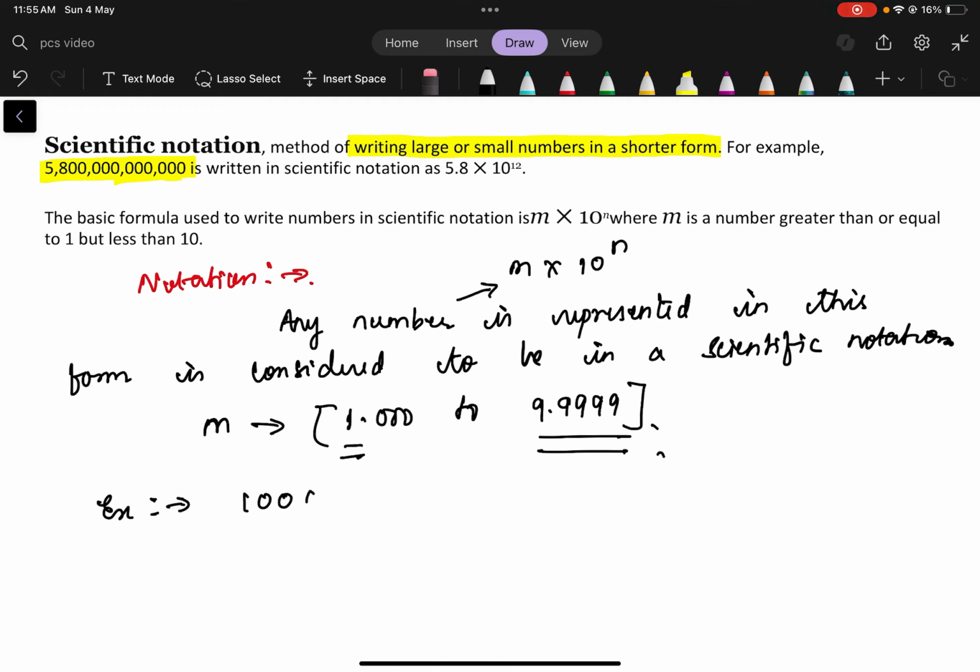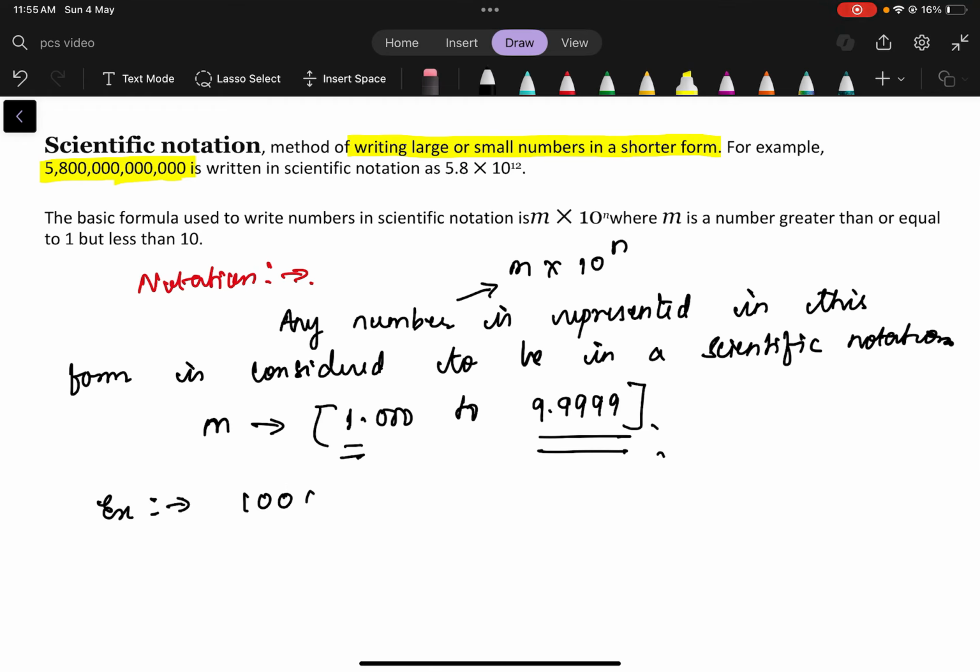So here we can write the number as 1 into 10 to the power 5. Again we have 1000, which is 10 to the power 3, and in scientific notation it is 1 into 10 to the power 3.